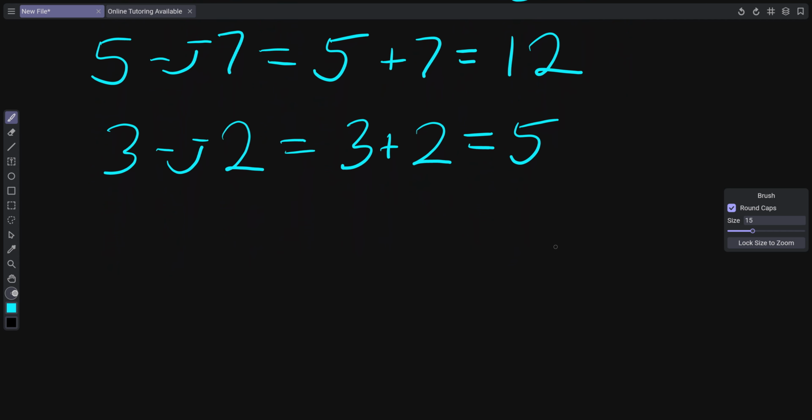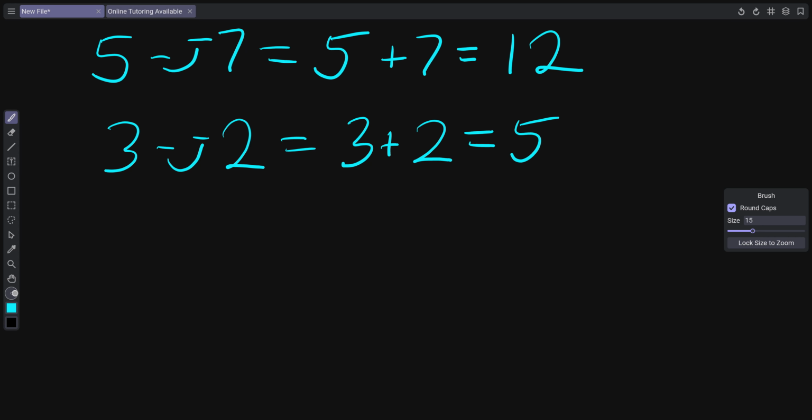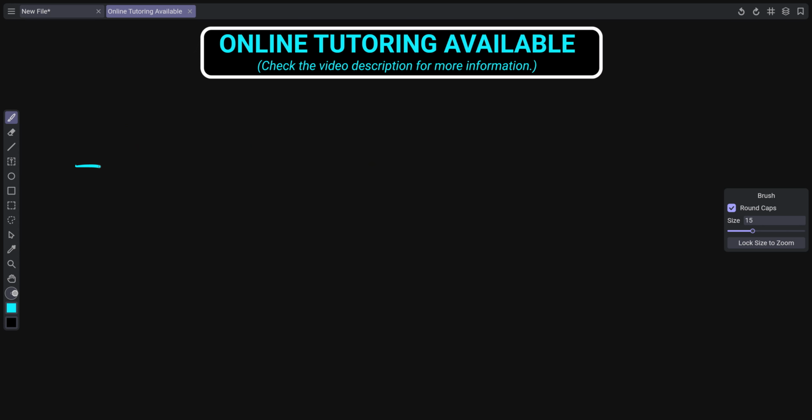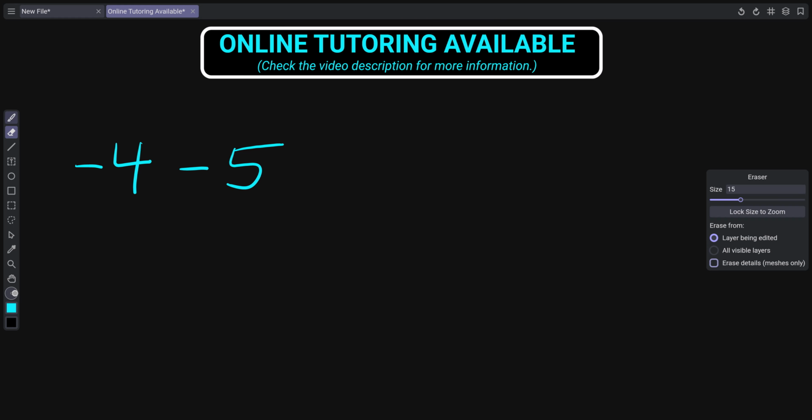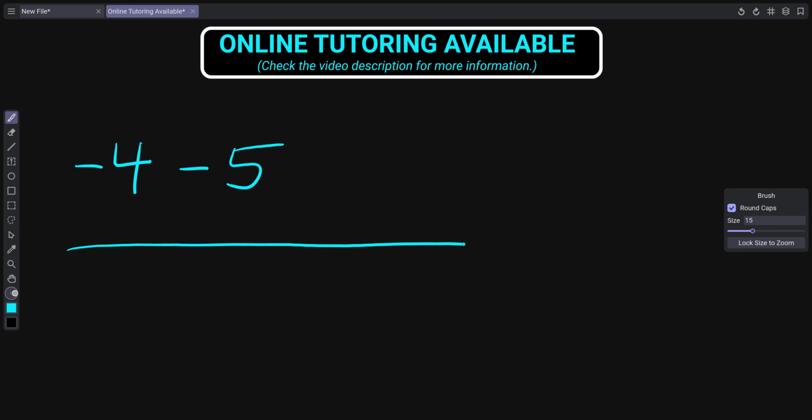Now, what if you had something like negative 4 minus 5? Well, when we subtract, normally we count steps down, but we have a negative number here. So try to imagine a number line. I'll draw one real quick.